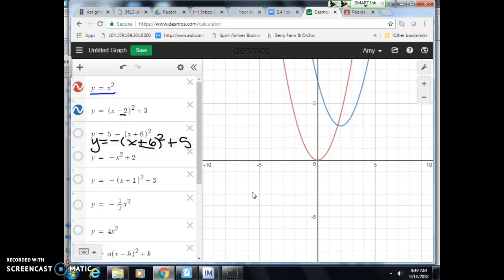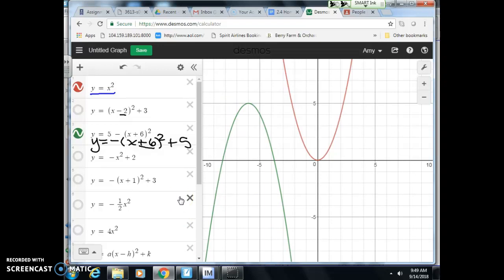And then this minus sign out in the front, well, that should reflect it over the x-axis, if you recall correctly. And then the plus 5 should move it up 5. So let's just see what that does. I'm going to turn off the earlier one, and we'll turn this one on. And yep, it did reflect it, so it went upside down. And then it moved it left 6, up 5. So that worked.